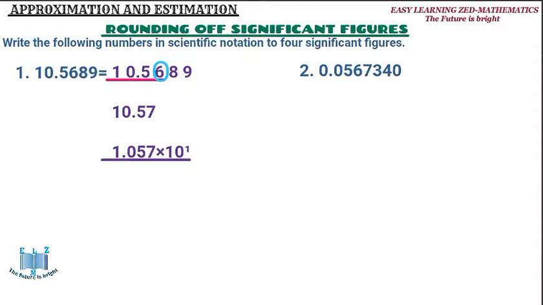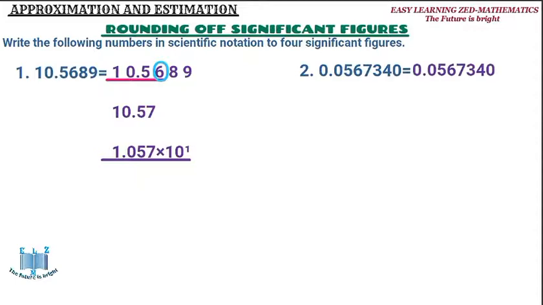Question number 2, we have got 0.567340. This is the number we're going to write in scientific notation to four significant figures. The first thing, I'm going to write these numbers. Once I've written the numbers, I'm going to identify the significant figures.